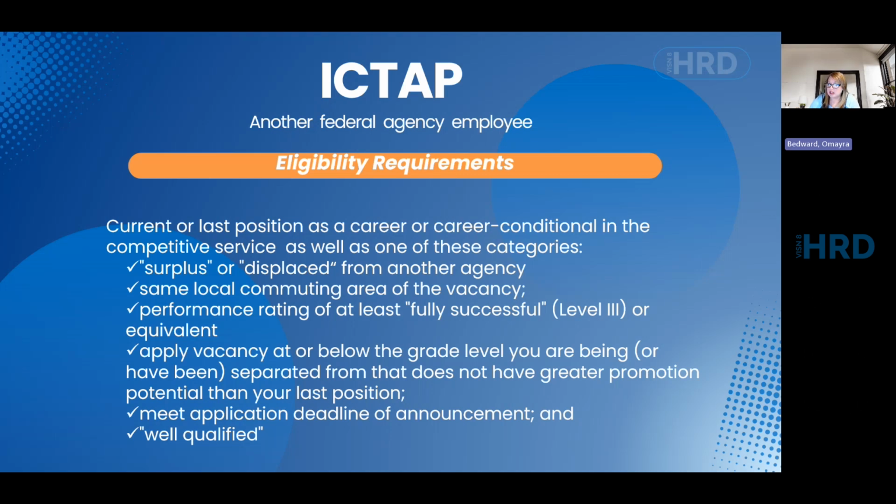I just wanted to read a note from one of the frequently asked questions that I thought was important to mention. Priority is given to ICTAP eligibles before filling a competitive service position through competitive examination, noncompetitive appointments, transfers, and reinstatement.